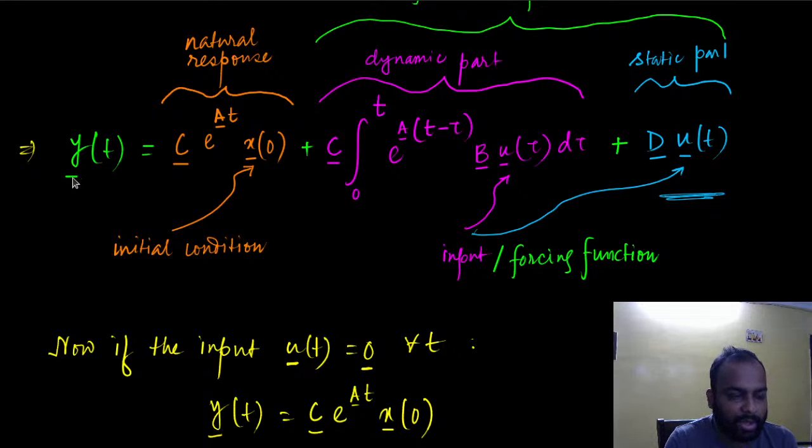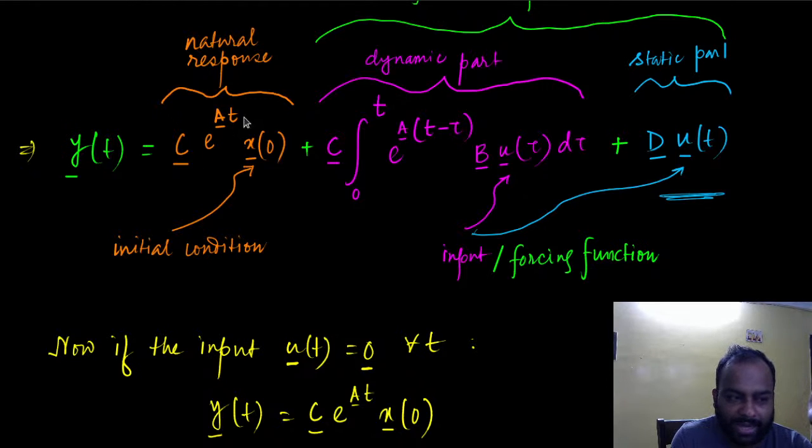And then again we have certain things to discuss about e to the power At, because you know how to integrate, you know how to do matrix multiplication. These are matrix multiplications, but you haven't probably seen an exponential, e raised to the power of a matrix. So it is kind of unconventional, considering the things that you have studied.